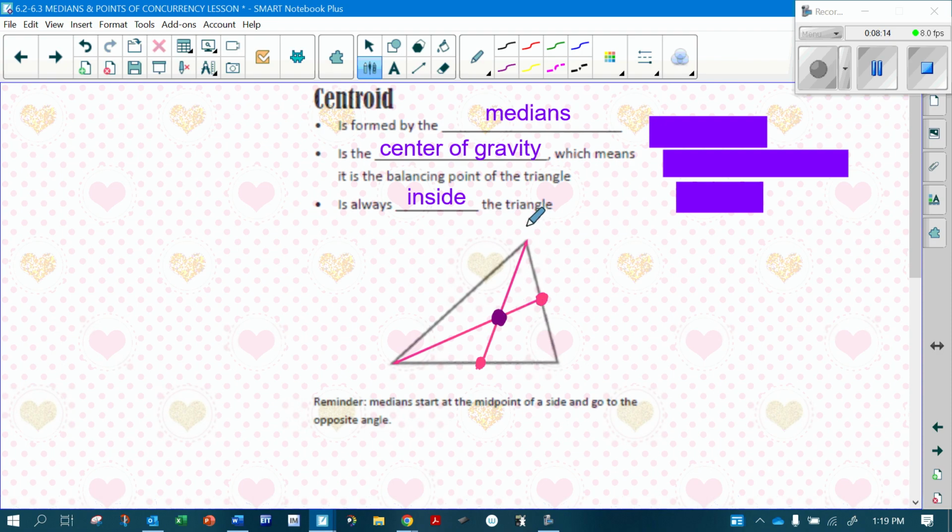The cool thing too is this distance here, from here to here, and we'll get back more into this in just a second, but this distance is 2/3, and then this distance is 1/3 of the whole thing. Okay, so like I said, we'll get more into that in a minute, but for now, that is your center of gravity, and it is 2/3 of your distance.